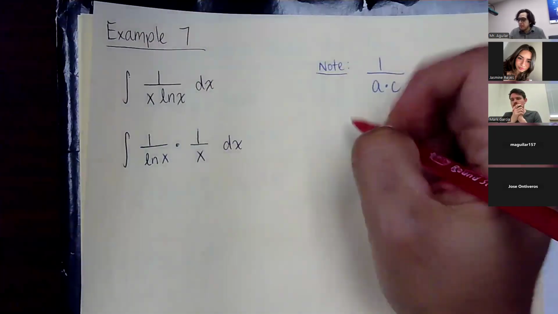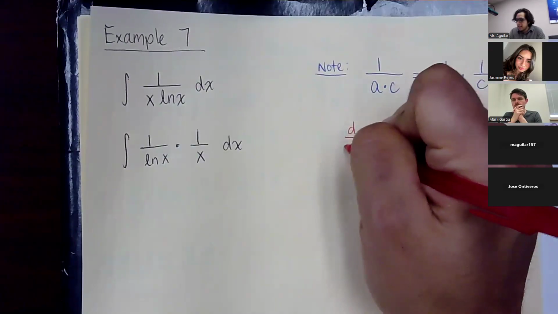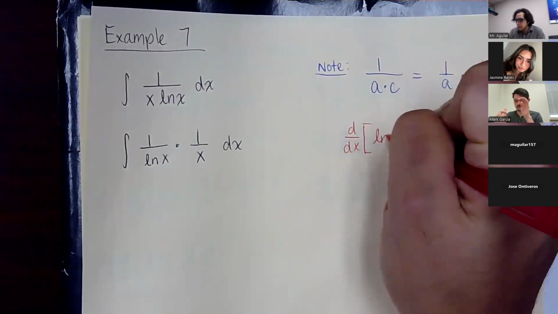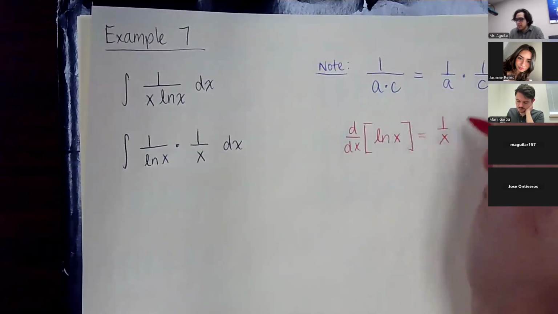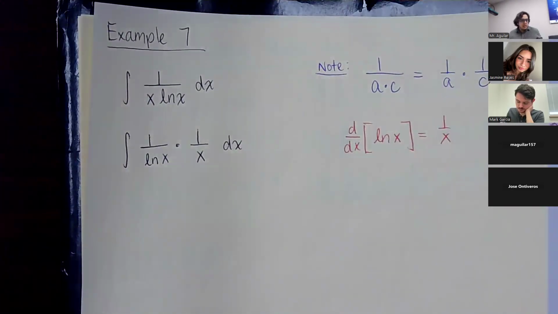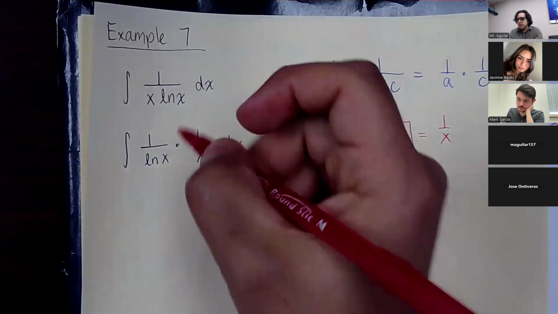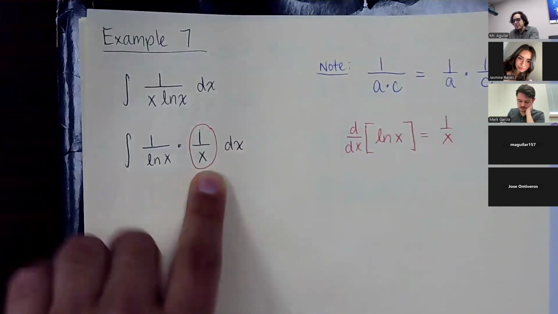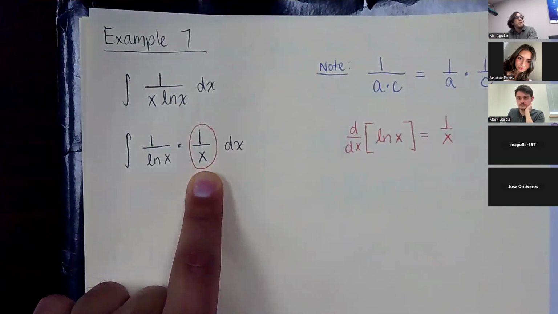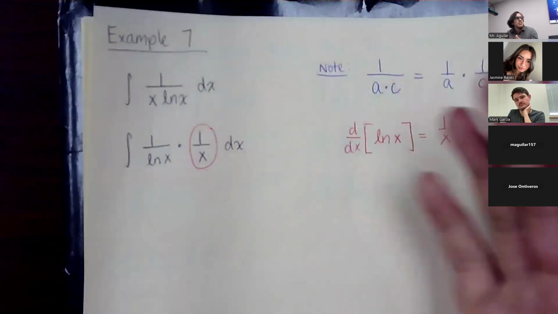So d dx of the natural log of x is equal to 1 over x, okay? And what that means is that this guy in the dx is the du, right?